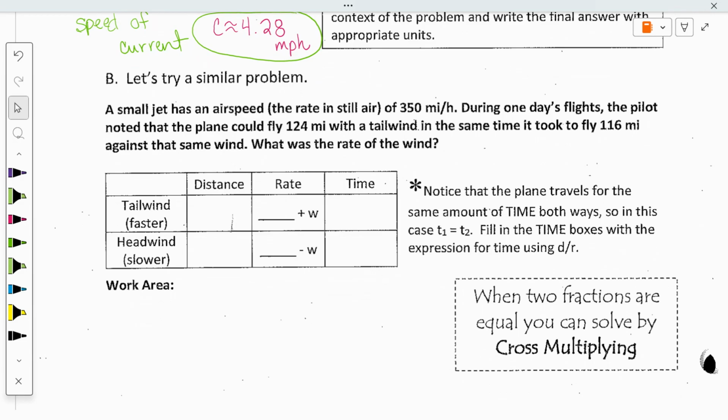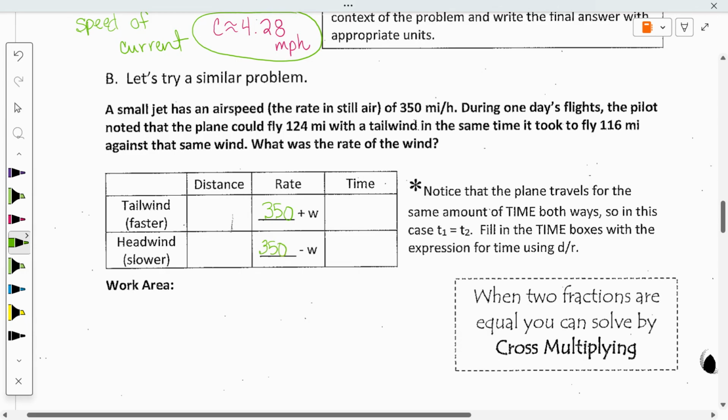So first of all, what is the speed of the aircraft? 350. So 350 plus the wind, 350 minus the wind speed. Okay. How far did he travel with the wind? 124 miles. How far did he travel when he was going against the wind? 116.